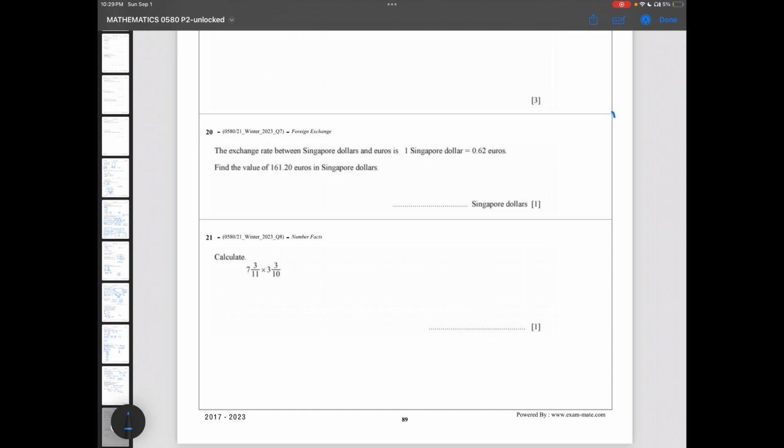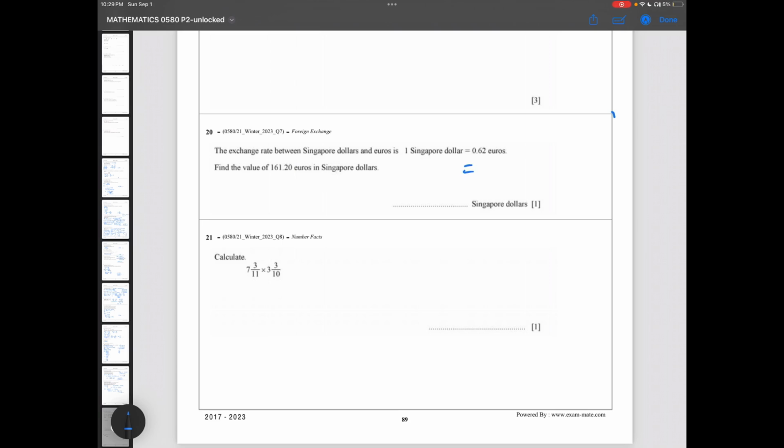So the next question, number 20, says the exchange rate between Singapore dollars and euro is 1 Singapore dollar is equal to 0.62 euros. We have to find the value of 161.20 euros in Singapore dollars. So first, in order to do this question, we need to know how much 1 euro is equal to.